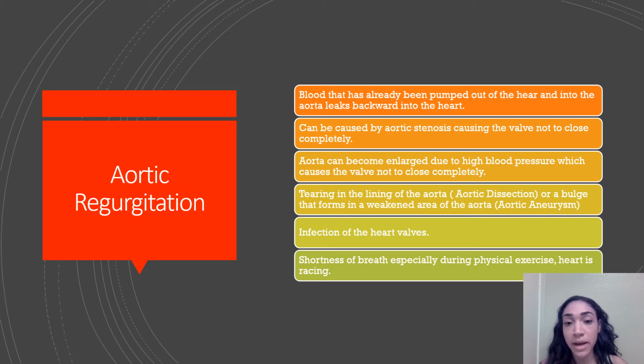It can be caused by tearing in the lining of the aorta, which is aortic dissection, or a bulge that forms in the weakened area of the aorta, which is the aortic aneurysm. We also have infections that can cause damage to the heart valve, and some symptoms they have are shortness of breath, especially during physical exercise, and they feel like their heart is racing.